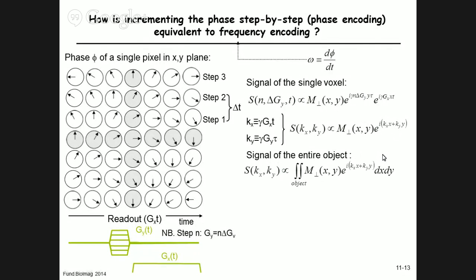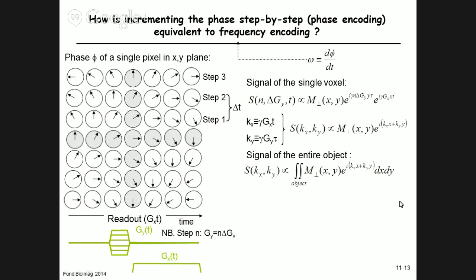And this now was for one pixel. To get the entire object, one just simply integrates over the entire slice. So it's a two-dimensional integral of the transverse magnetization Mxy times this term.